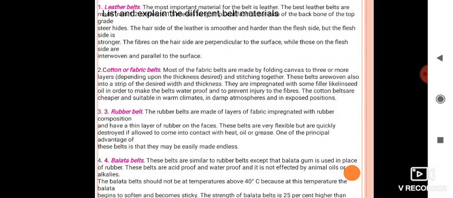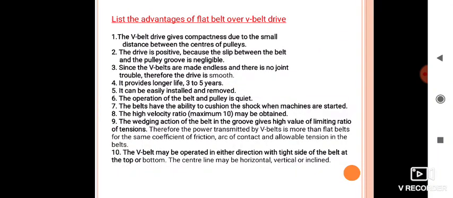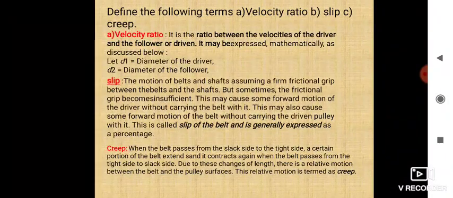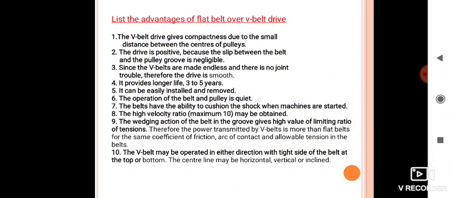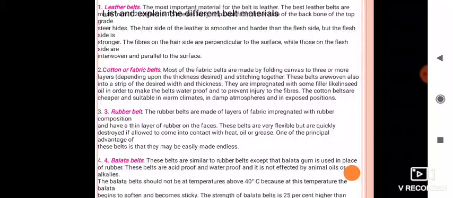Then next, list and explain the different belt materials. In what I explained previously, these two questions are for 5 marks, I think. You just refer to and read the notes clearly and you will understand.